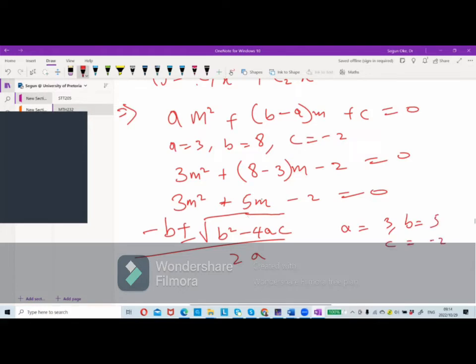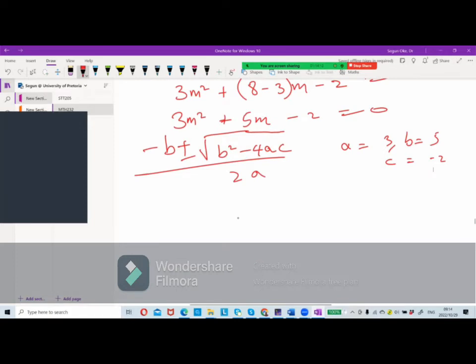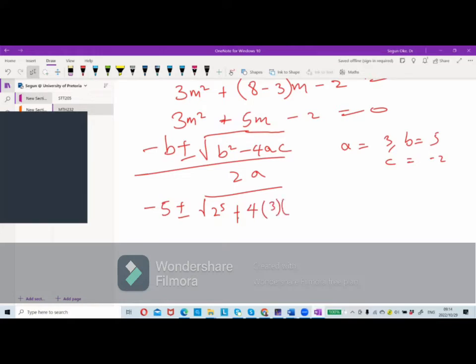Substitute it here. I will have minus 5 plus or minus square root of 25 minus 4 times 3 times negative 2, divided by 6.